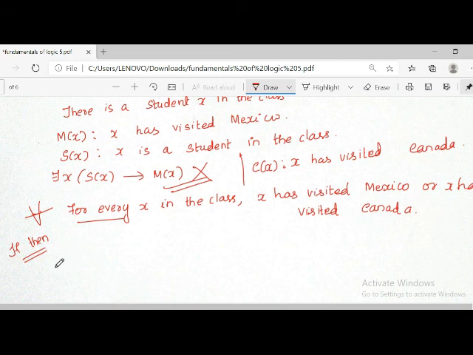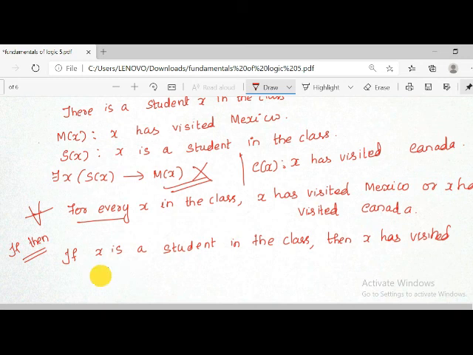So therefore you can write the statement: if x is a student in the class, then x has visited Mexico or x has visited Canada. Now I can rewrite this sentence.